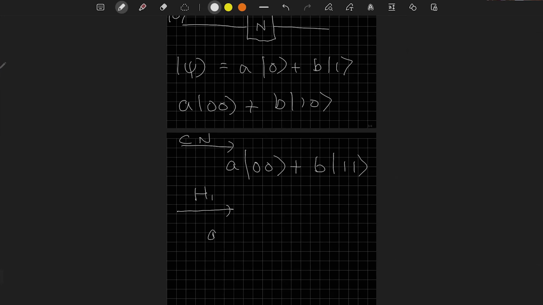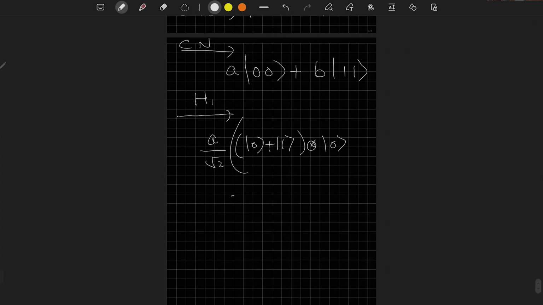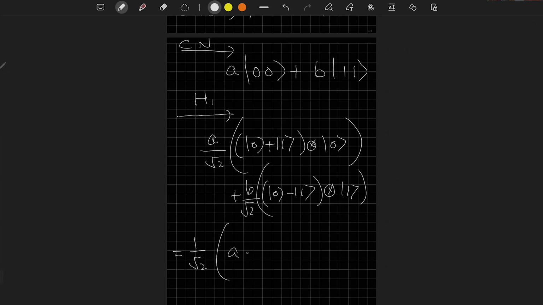I get A(|0> plus |1>)|0> over root 2 plus B(|0> minus |1>)|1> over root 2. Expanding this out, 1 over root 2 times A|00> plus A|10> plus B|01> minus B|11>.